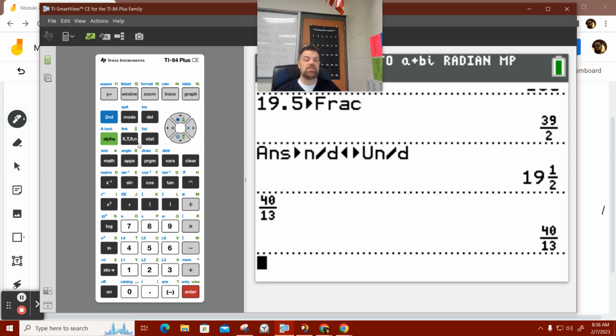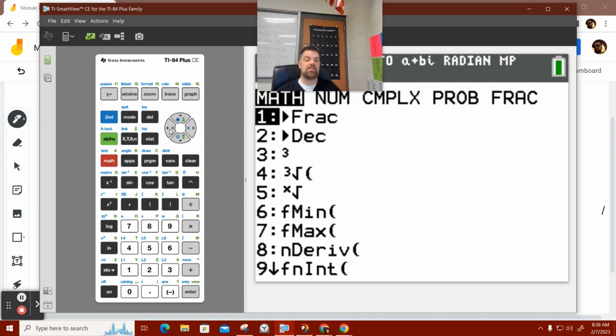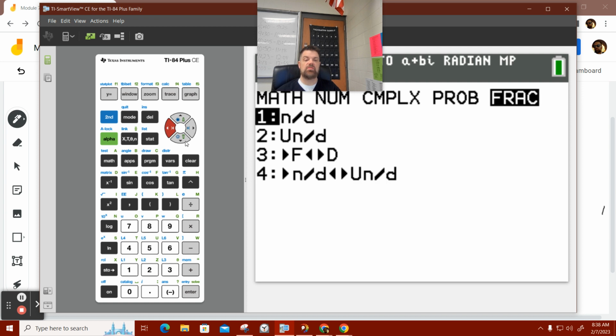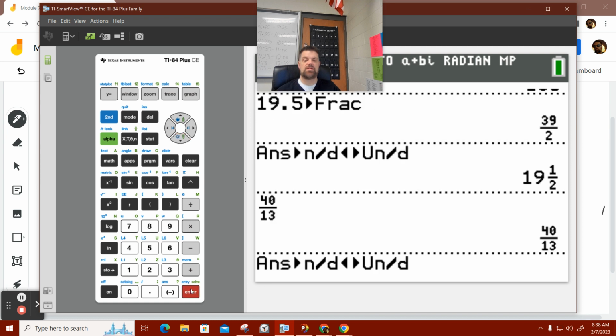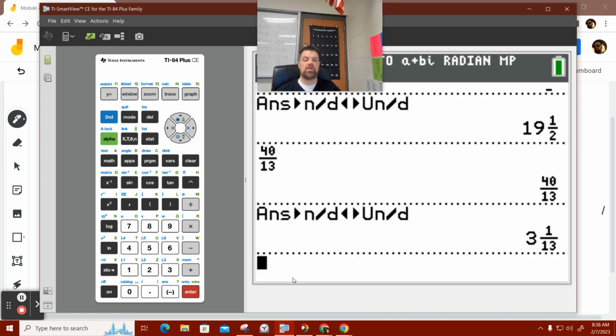So now I'm going to go back and hit math, go to the fraction thing, and what's this one down here do? Converts an improper fraction to a mixed number. 3 and 1/13. I'm going to take a screenshot of that.